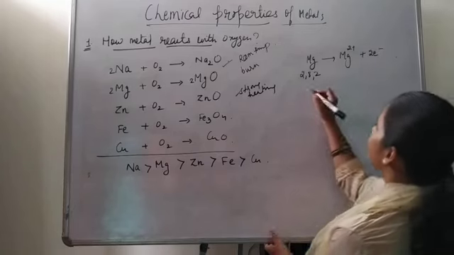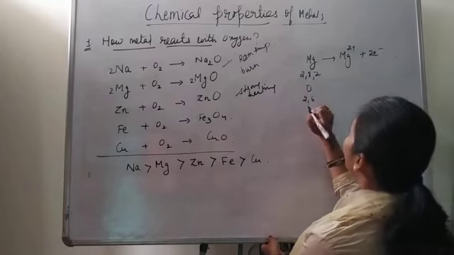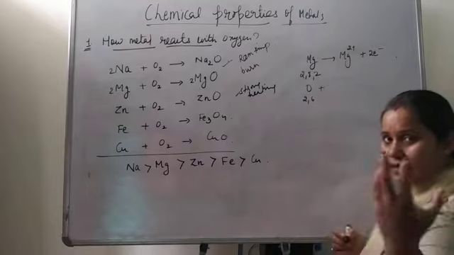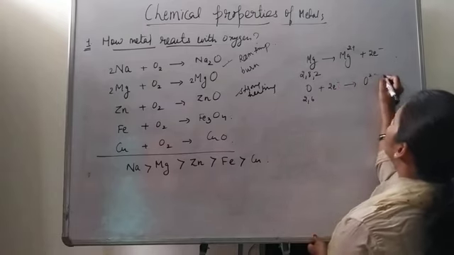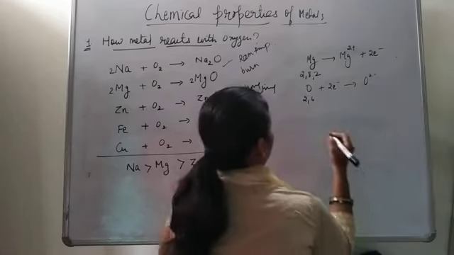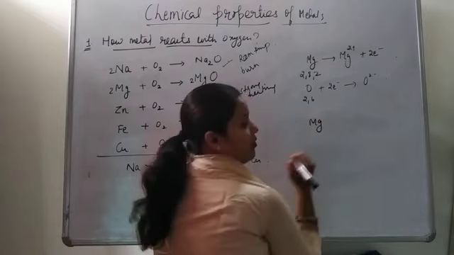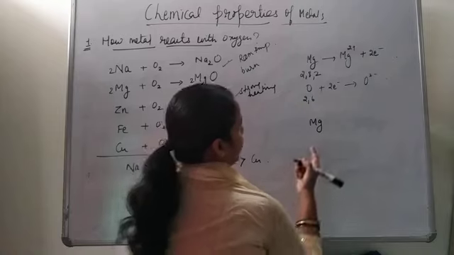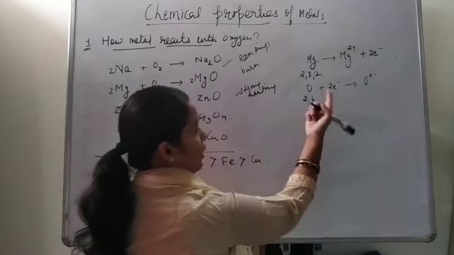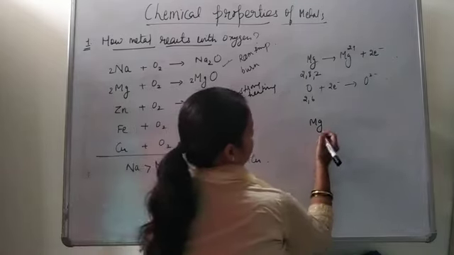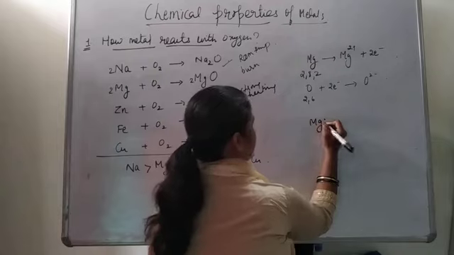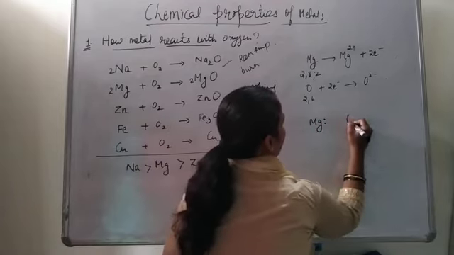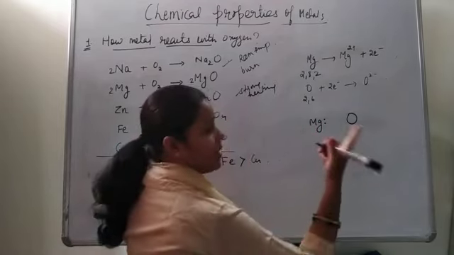Likewise, oxygen is 2, 6. That means it has a tendency to accept 2 electrons to form O2-. Now magnesium, which is an electropositive metal, has 2 electrons to give, and oxygen needs 2 electrons.